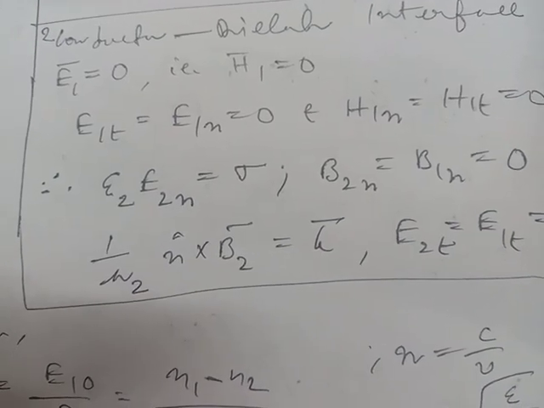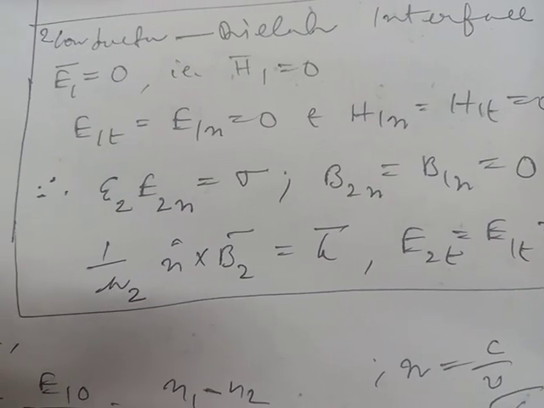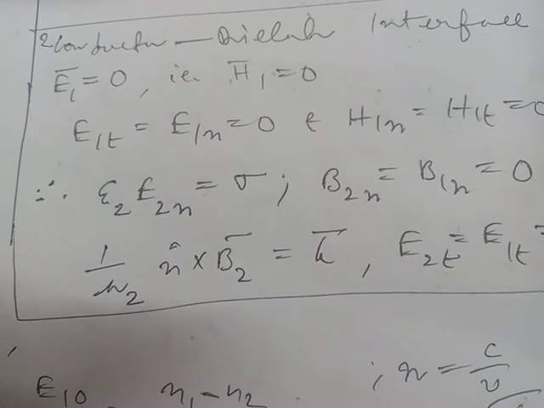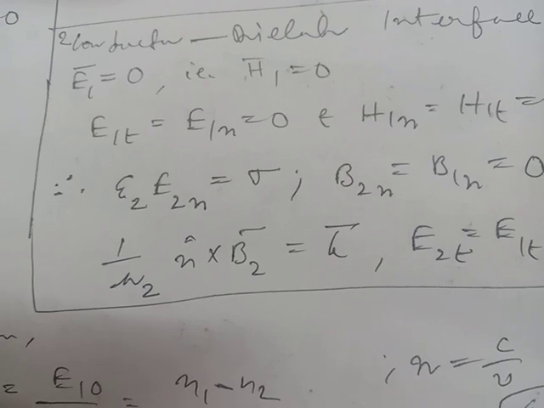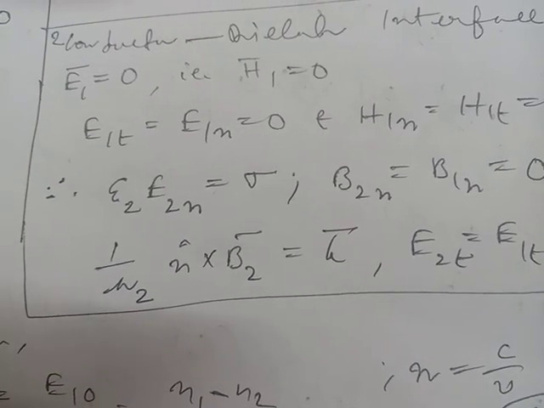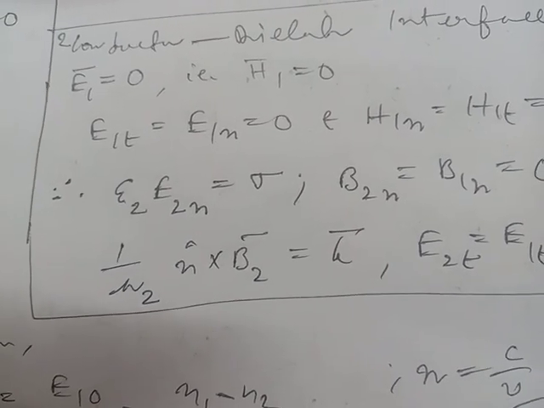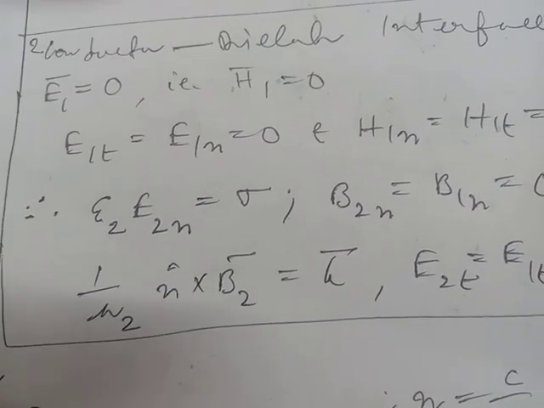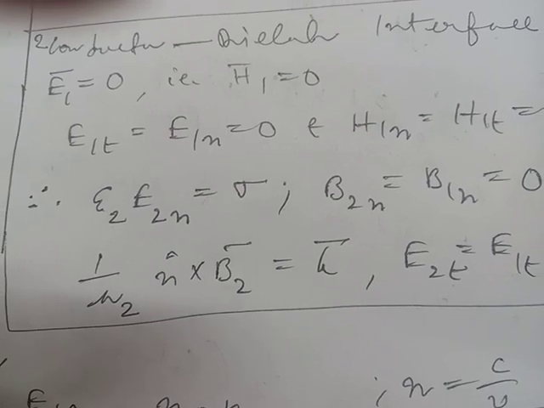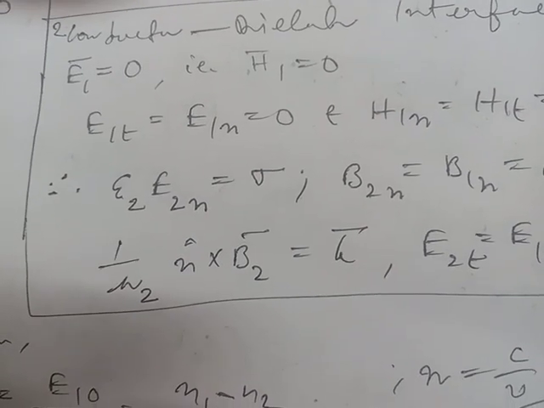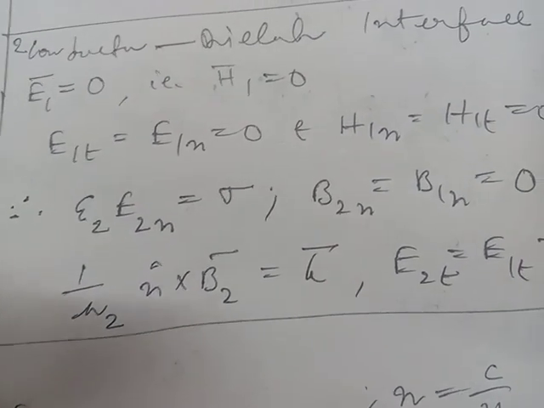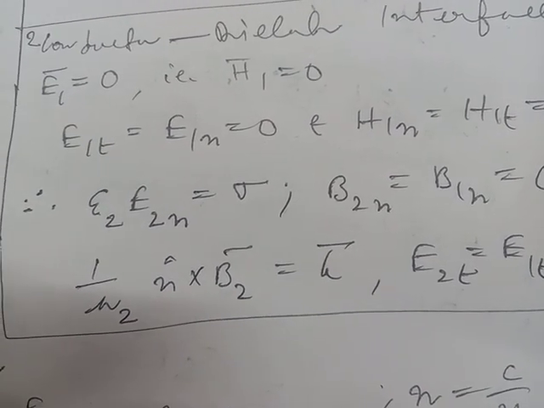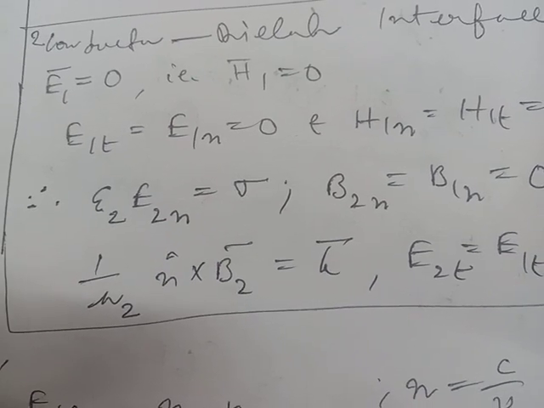For the second equation we see that epsilon 2 E2n equals sigma. There is a dielectric field, or the normal component of the D field is sigma, and the tangential component of the B field is the surface current, because the first term is 0 in both cases, since in a conductor there is no electric field.